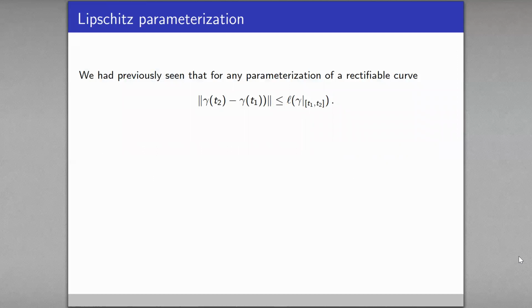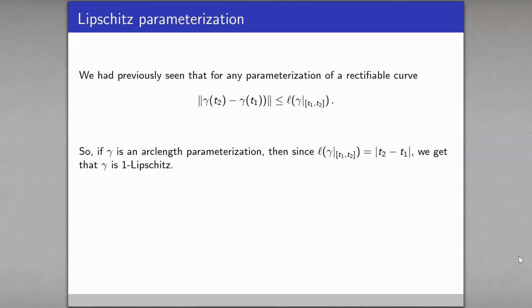Okay, something nice about the arc length parameterization is that it is actually a Lipschitz parameterization. We had this identity from before. That's an easy consequence of the definition of length by taking a 2-point partition. Now, here gamma is our gamma 0, I didn't want to keep writing gamma 0 the whole time.